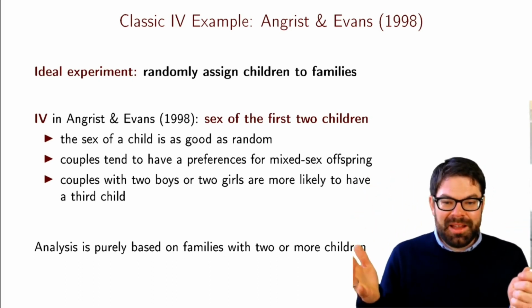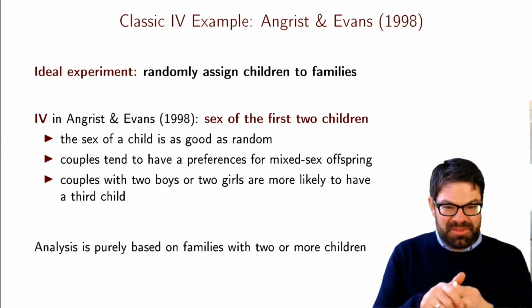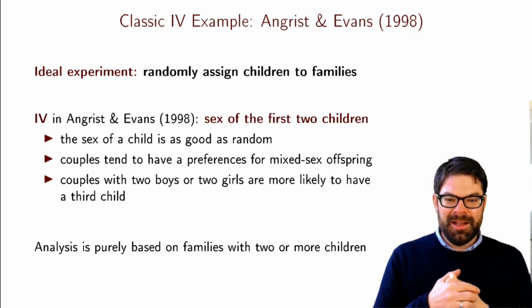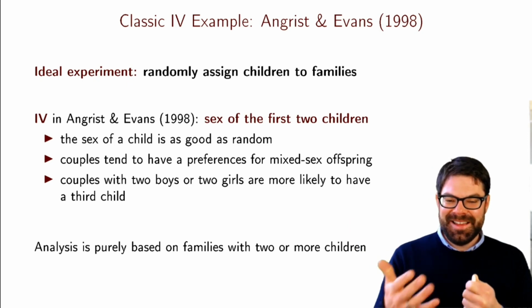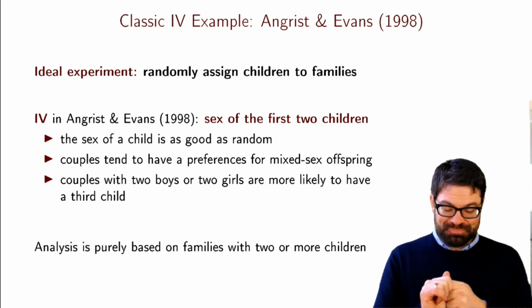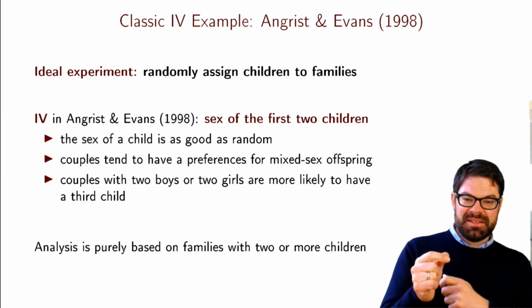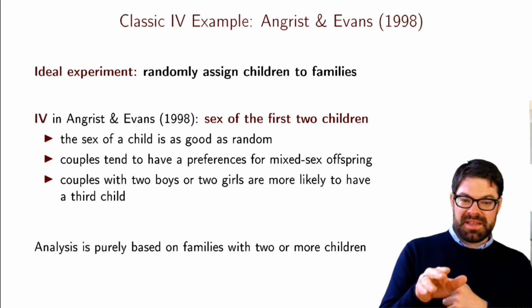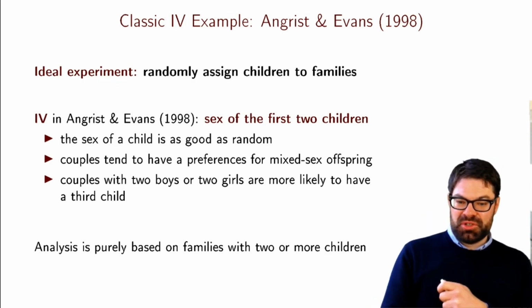I don't know, but this is consistent with survey evidence, and with anecdotal evidence when I ask around my friends. And so what they exploit here is that couples who have two boys or two girls as their first children are more likely to have a third child.